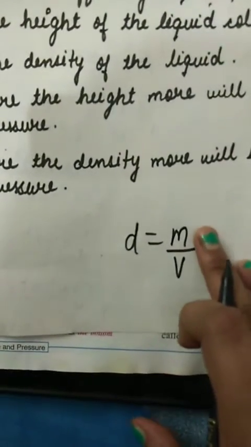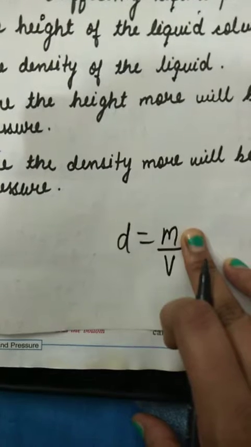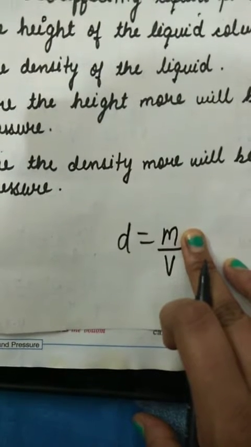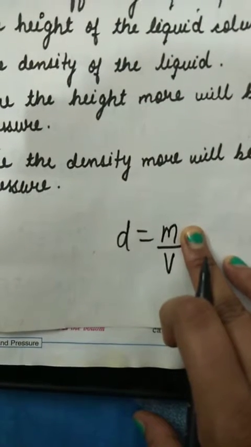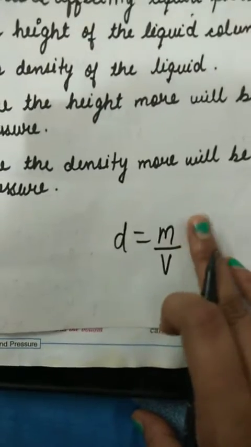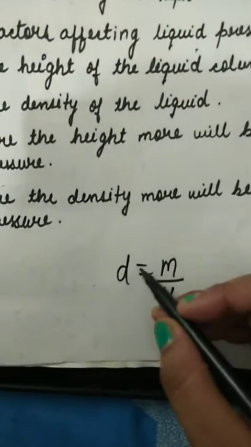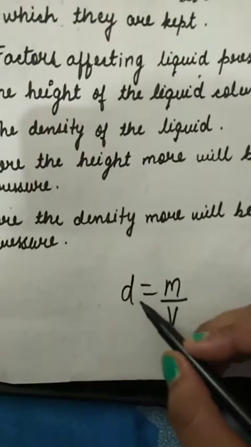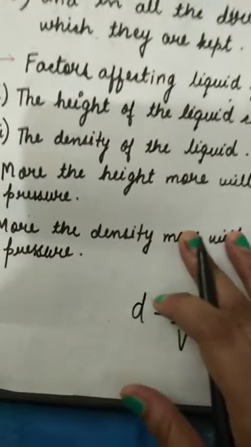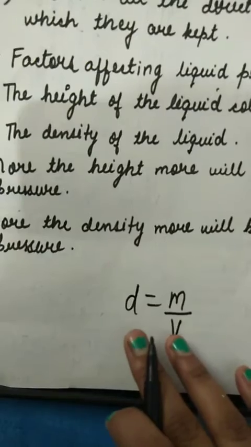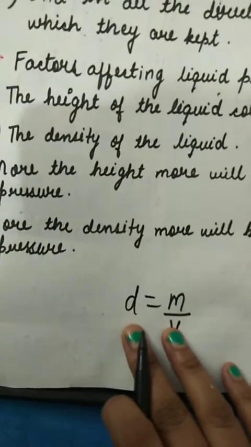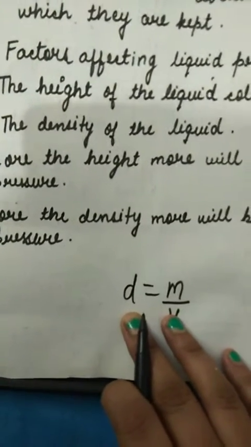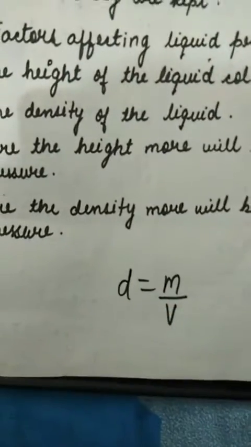This we will study in the final term, which is our second chapter, which is kept for final terms. We will study that density is mass upon volume, and density affects the liquid pressure. Now what is density and how we can explain density in terms of liquid pressure, we will understand with an activity again.